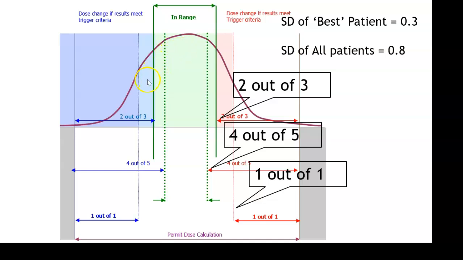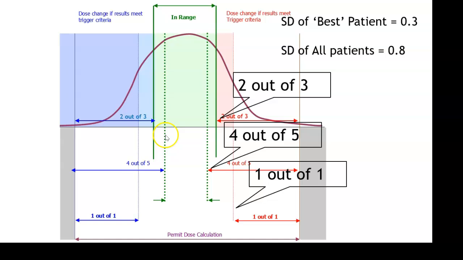So we look back at the last 2 results, so 3 in all, the current one and the last 2, and we say, were 2 out of those 3 low? If they are, then Dawn will recommend a dose change. If they're not, if it's just one of those is low, the current one, and it's still within this standard deviation from the norm, then we won't dose change straight away.